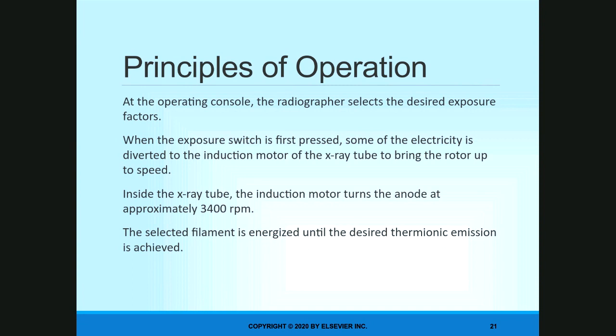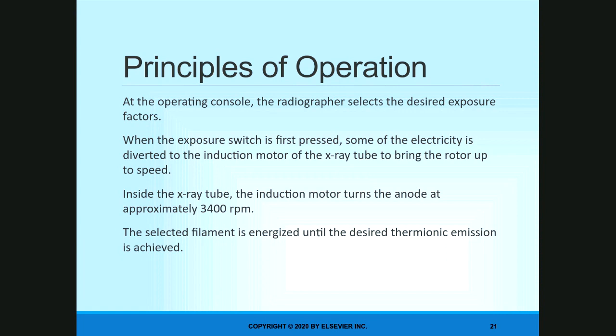And the other thing that I didn't mention a minute ago is your KVP, or kilovoltage peak, which has to do with how penetrating the X-ray beam is going to be. Okay, so we select KVP, MA, time, and our focal spot size.